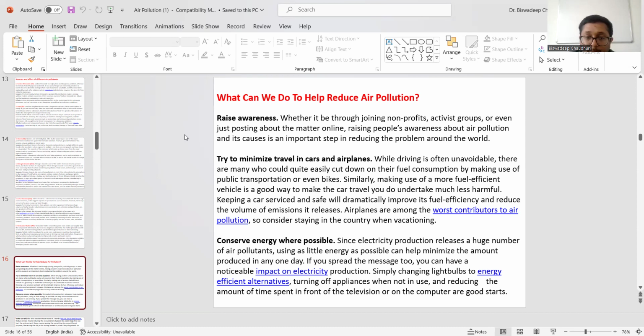Next, conserve energy where possible. Very important. We all should conserve energy wherever possible. That means if we can save energy by limiting the use of electrical instruments, we can do it. If you can conserve energy by reducing your consumption, you can do it.